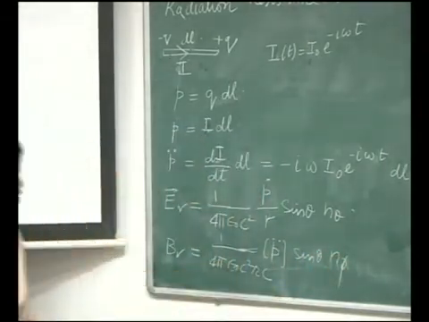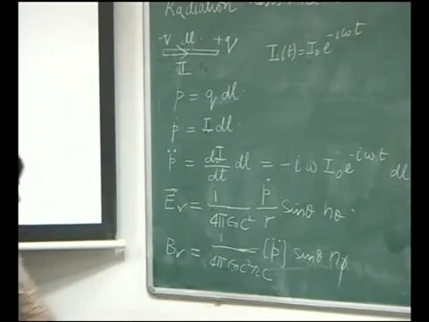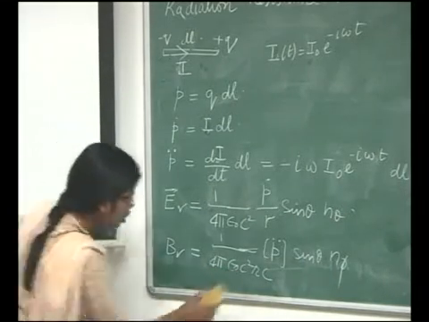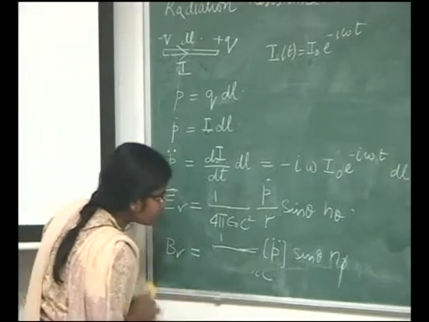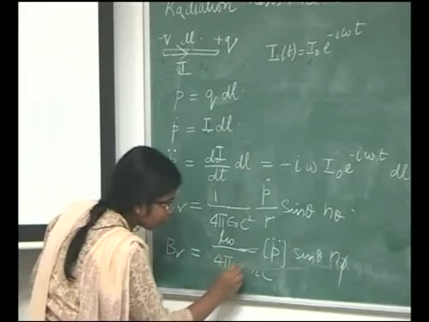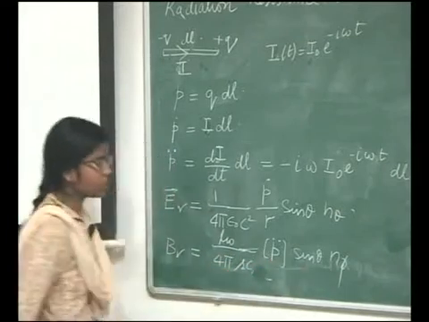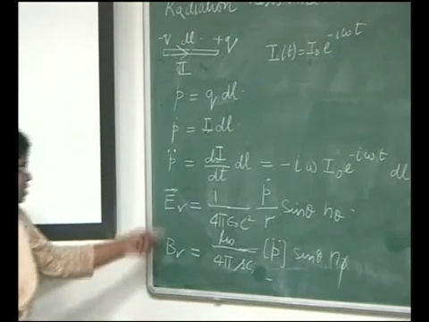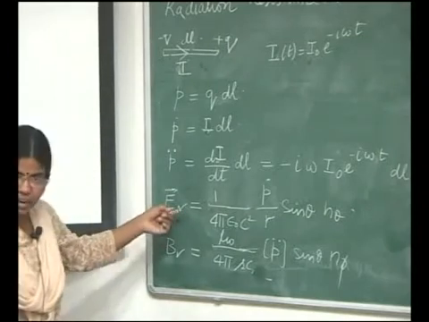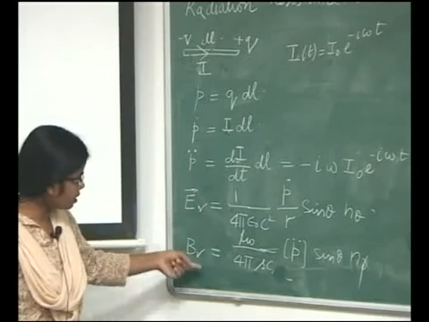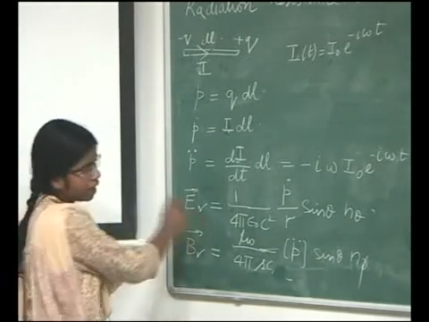Now, epsilon 0 c square is equal to mu naught. So, I can write that this is equal to mu naught upon 4 pi r c P double dot sin theta n phi. So, this is the radial component of electric field, and this is the radial component of magnetic field.